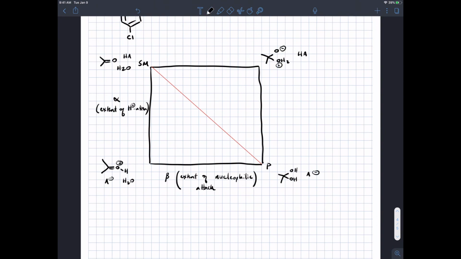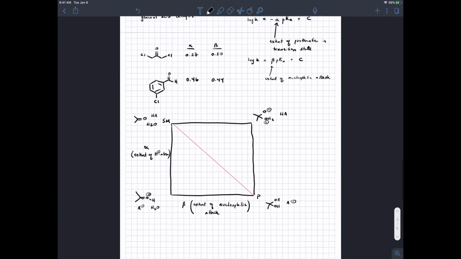And so that's the broader insight you're getting from physical organic chemistry, that mechanisms often adopt some intermediate pathway that's along a continuum between two extreme possibilities.